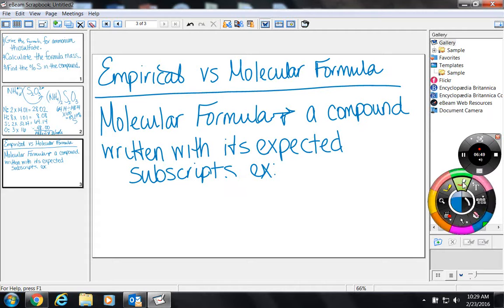You can call it a molecular formula. It's just how it's written. Like CaCl2, calcium chloride. C6H6, benzene. All right? Just how you expect it to show up. Just how it exists.